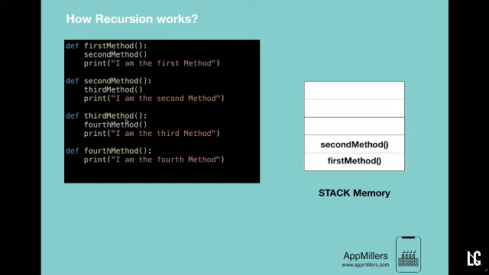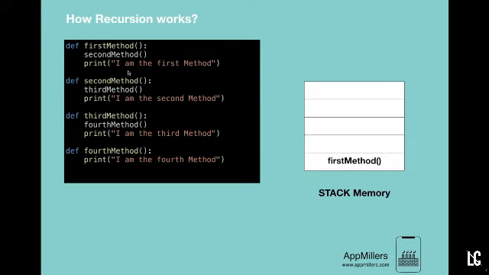And here again, the next step will be from stack memory as well, which is the second method. So the second method will be called, and the print statement inside the second method will be executed. And with this, we know that the execution of the second method is complete, which means that it will be popped out from the stack memory.